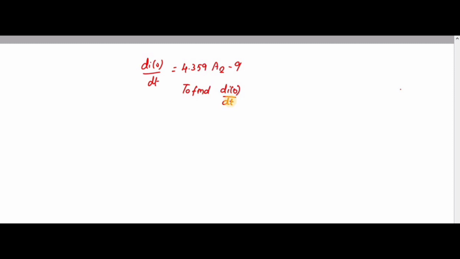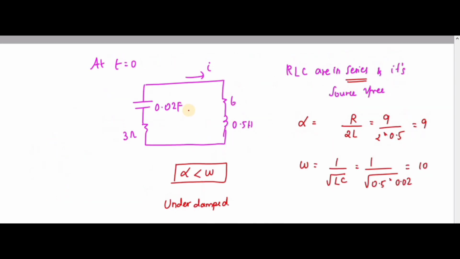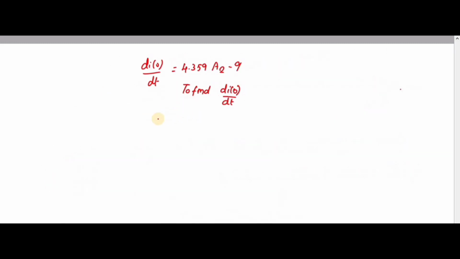To find di of 0 by dt, take the series RLC circuit. You can see 6 and 3 are in series, so you can add these two values. Here I can write the capacitor voltage as Vc of 0, the resistance is 9, and the inductor value is 0.5 henry.